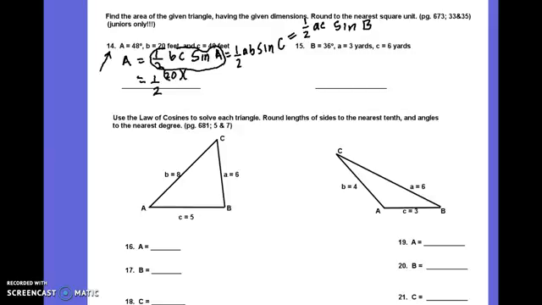Now I have to erase some of this so I can see my C. C is 40. So it's going to be 1/2 times 20 times 40, and now sine of 48.